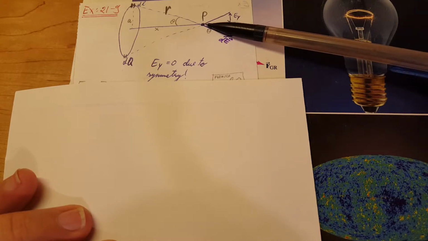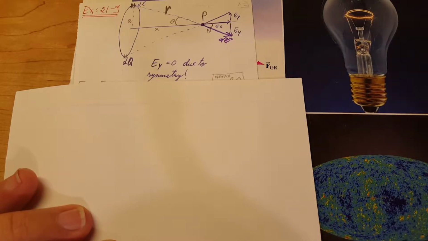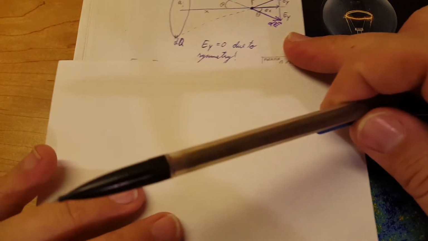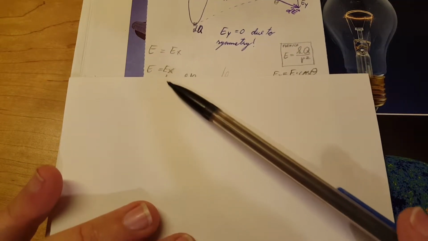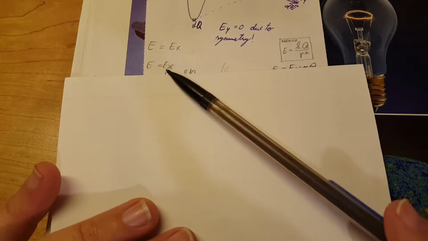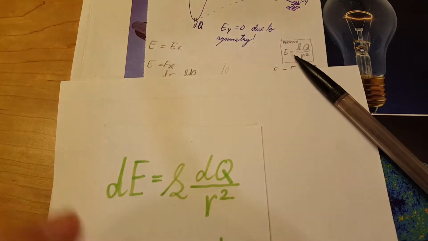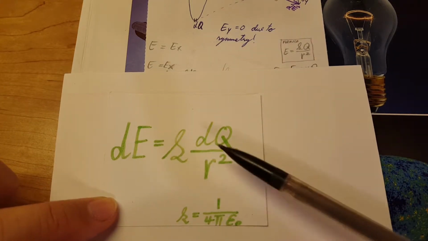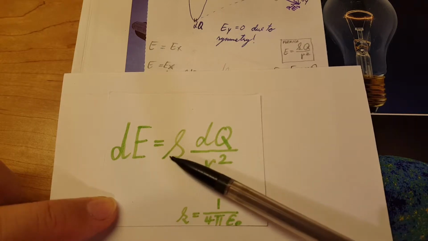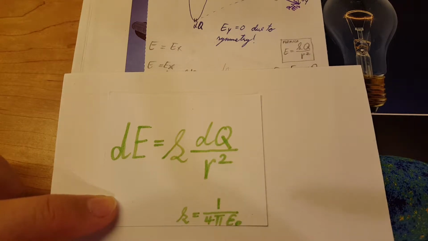So our total electric field at this point will be our Ex. There's nothing else. So total E equals Ex. We're gonna start from this formula and gonna start using our electric field formula, which is this one. dE equals k dq over r squared, where k is the same thing as 1 over 4 pi epsilon naught.